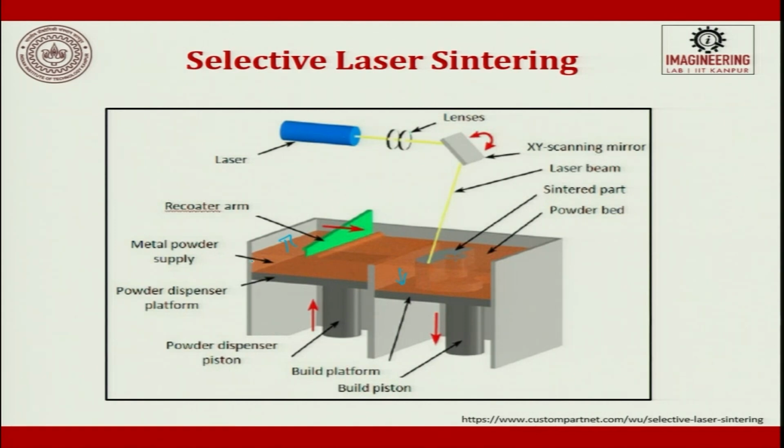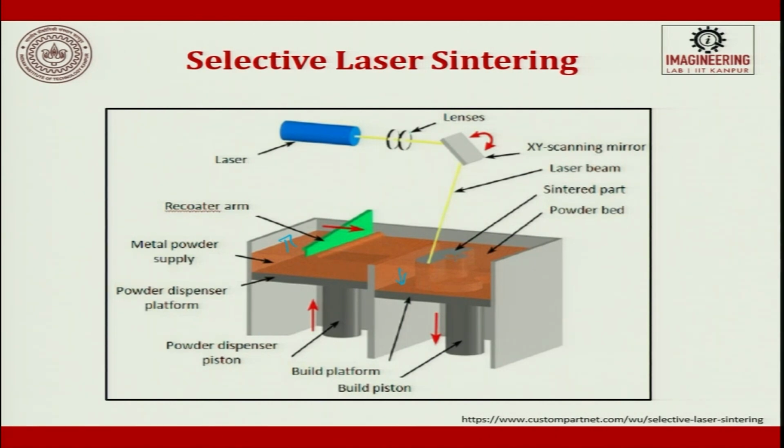This is a metal powder. Instead of metal powder, you can have ceramic powder or polymer powder, and depending upon the wavelength and the requirements, we can start developing it. This is the powder dispenser platform, and this is also a powder dispenser platform. And then you have a build platform.